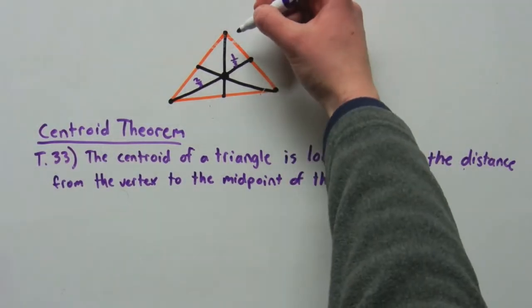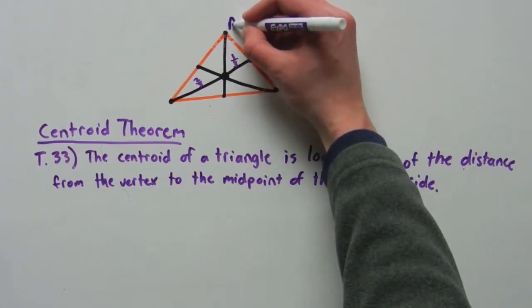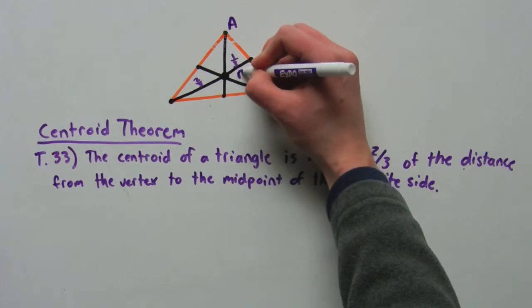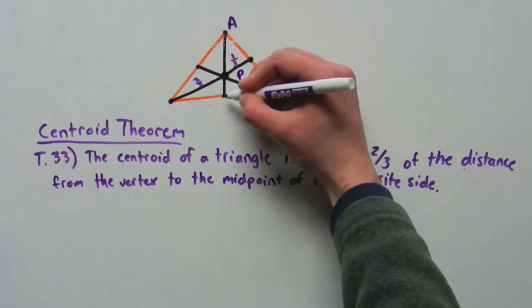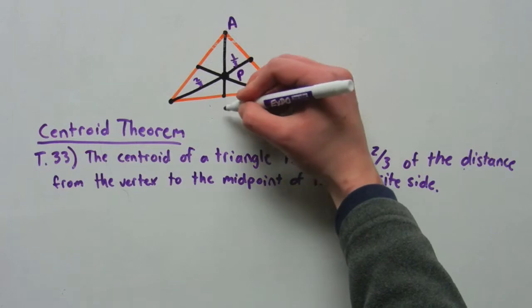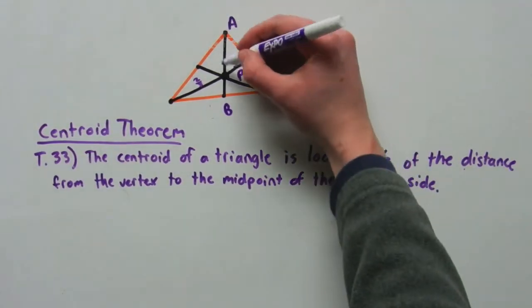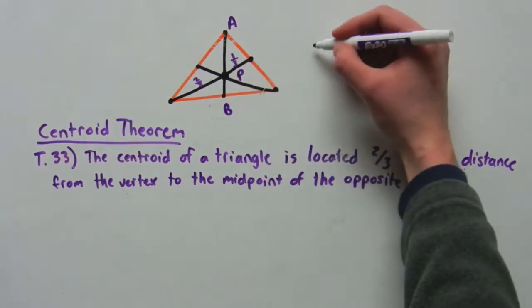So here we have a vertex. Let's go ahead and name this vertex A. And let's name the centroid P. And we'll name this midpoint of this side B. So vertex to centroid is 2/3.